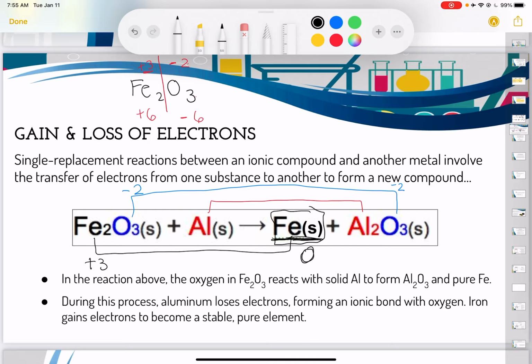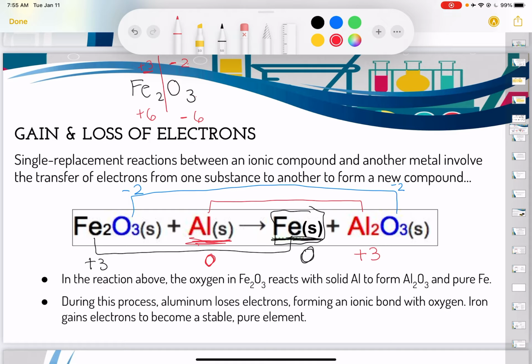And then the last one here, aluminum, we've got to look at it from one side to the other. Like I just said, aluminum is by itself here, so a metal by itself is 0. But when it goes into a compound on the other side, it does have a charge. If we look at the periodic table, we can find out that aluminum has a charge of +3.